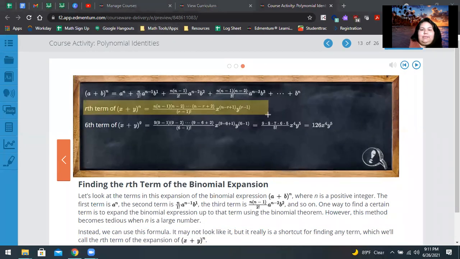Again, I am not the biggest fan of it, but we are going to write that one out as well, because we're going to see that in the next couple of slides. So take a moment to write out finding the rth term.